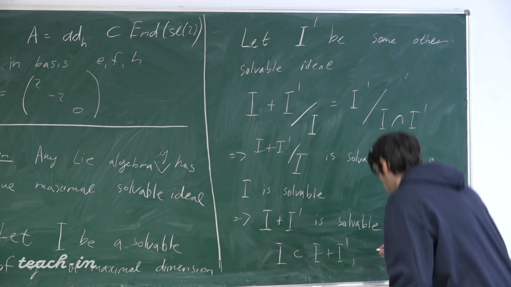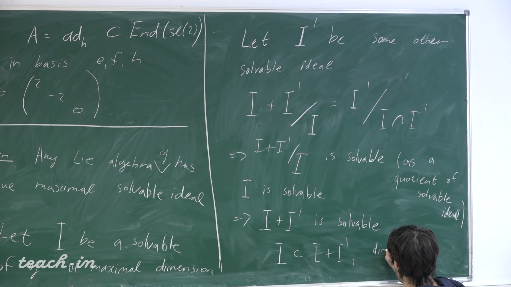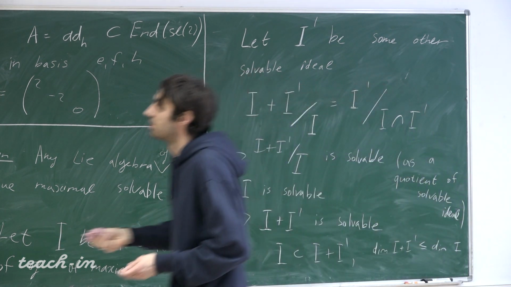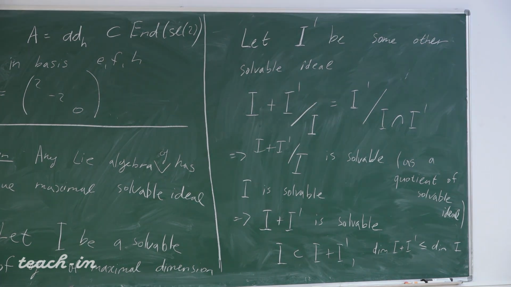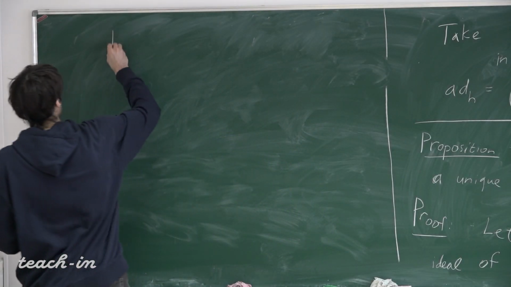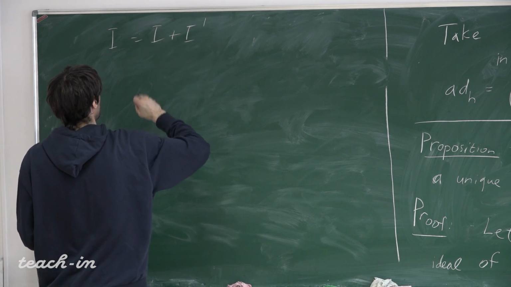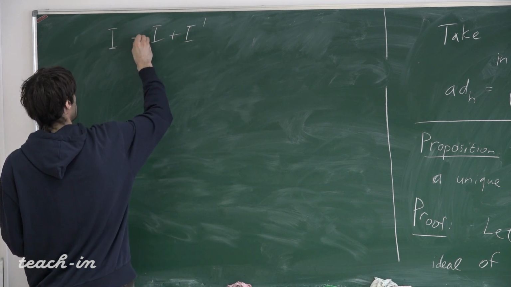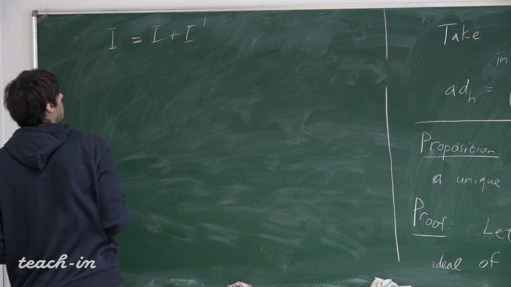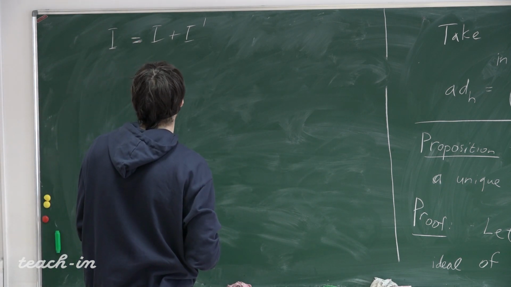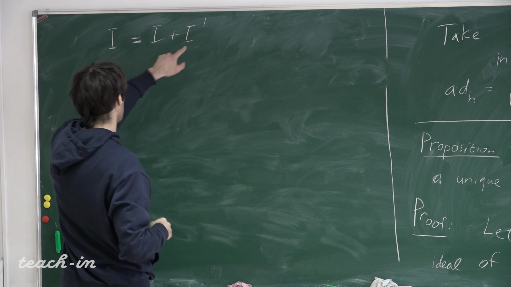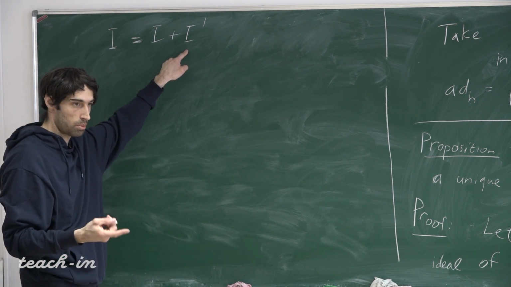So let me maybe write this down. The dimension of I plus I prime is less than or equal to the dimension of I. So therefore, I equals I plus I prime. Right, and this guy includes I prime.